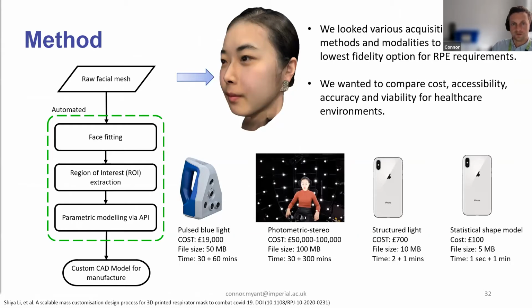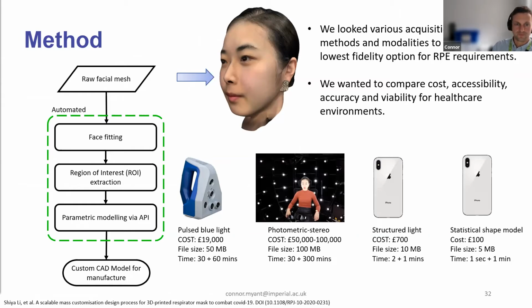And then the next 2 processes we tried was this: the 3D scanners available on some mobile phones. And we also use this 2D image process where we predict a 3D face from the 2D image.